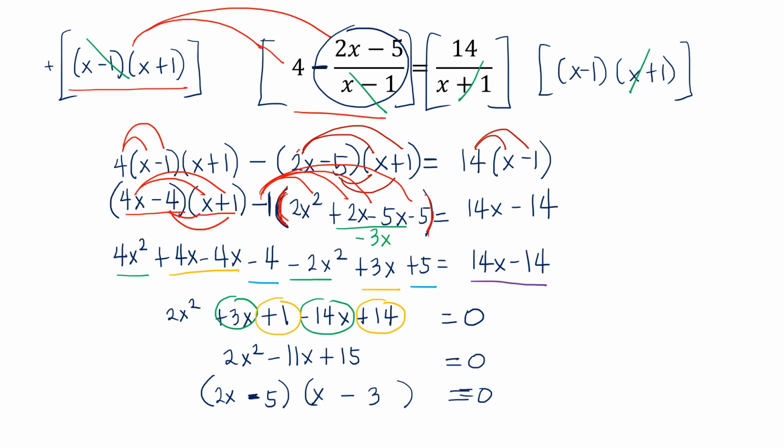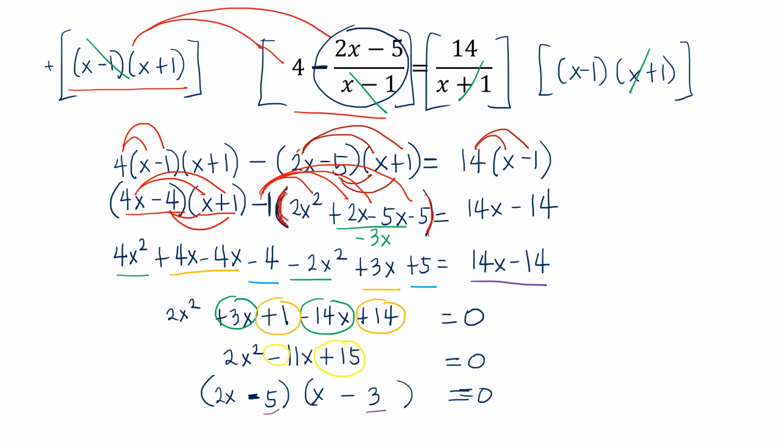Since the sign of 15 is positive, then we assume that the signs of 5 and 3 must be the same. And then look at the sign of the middle term. It's negative. So both of these are negative. Negative 5 times negative 3.